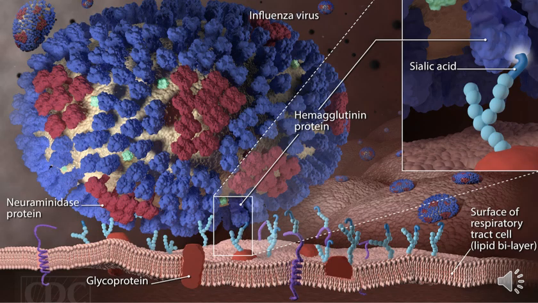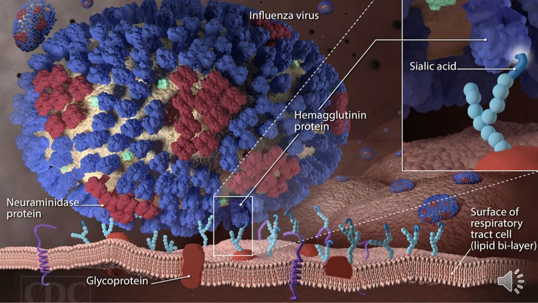Here in this diagram, on the bottom side, you can see the cell membrane of the animal cell, which is a lipid bilayer, and on it there are various proteins present. One of those protein structures present is the sialic acid.